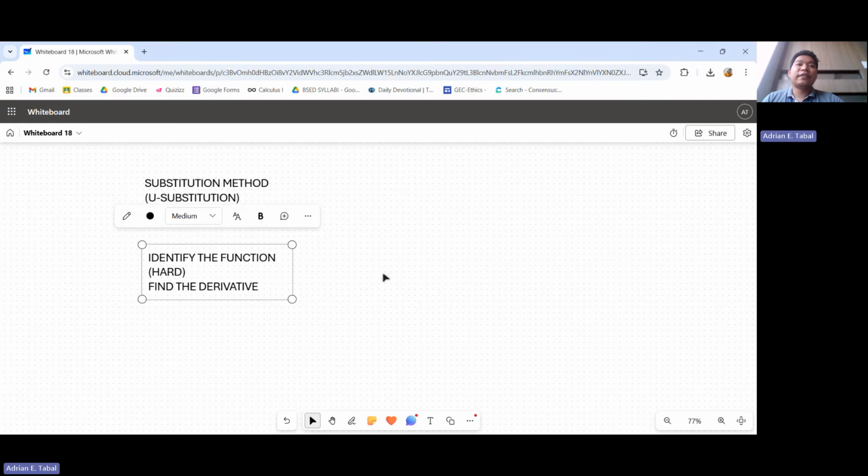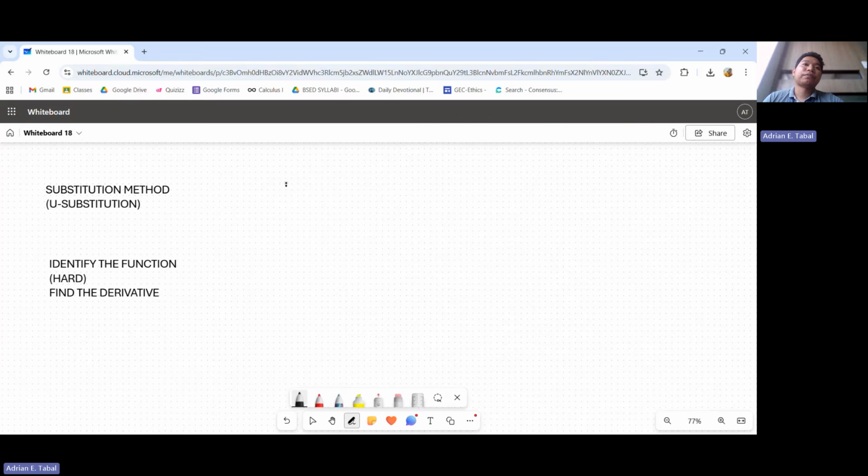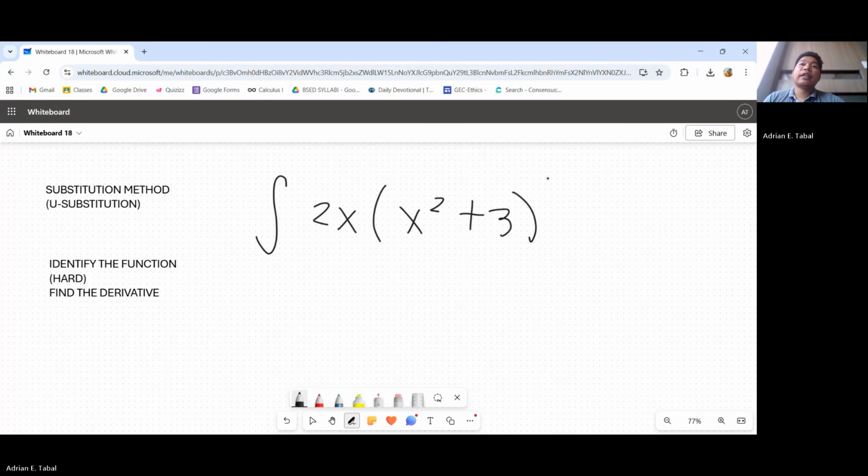So for example, we have this function, the integral of 2x times the quantity of x squared plus 3 raised to 5 dx. So first step is we are going to identify which function is hard to integrate.